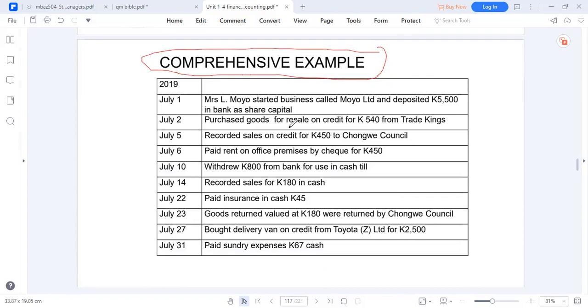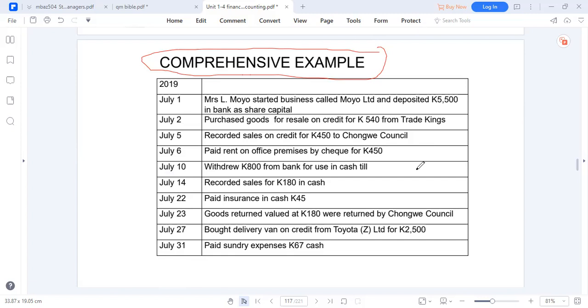It says, 1 January, Mrs. Moyo started a business called Moyo Limited and deposited 5,500 in a bank as share capital. So what would be the double entry here?